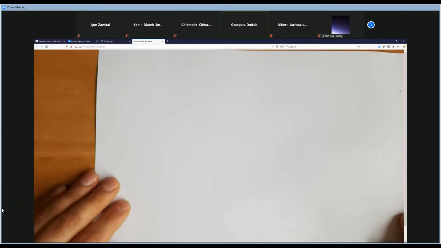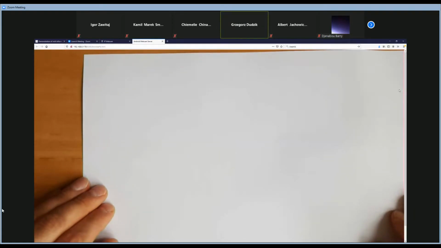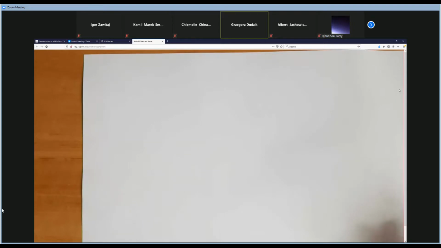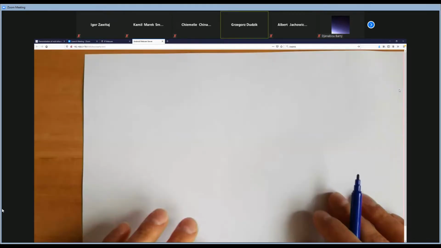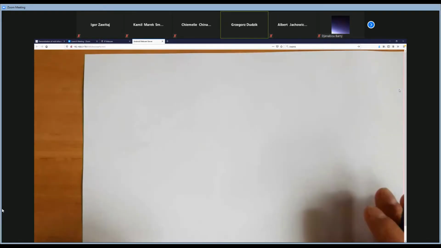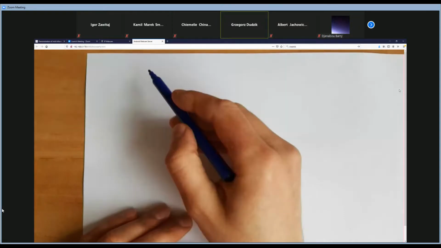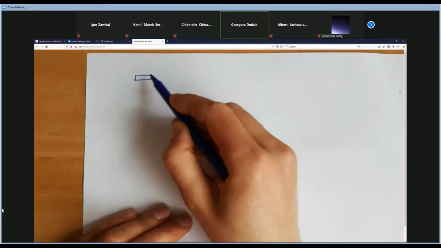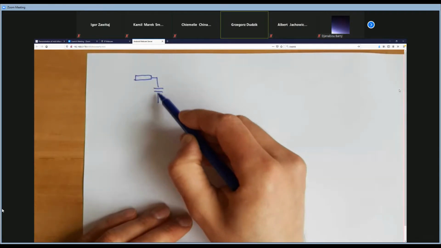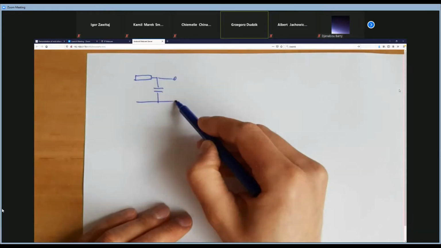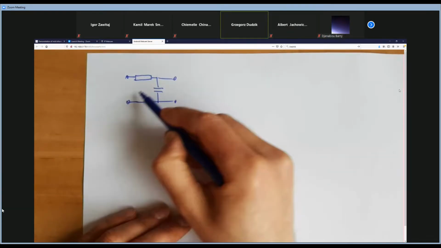Now, I wanted to show you how we can find the amplitude and the phase characteristic for some two-port circuit. Okay, let's start with a rather simple circuit. It is something like that.